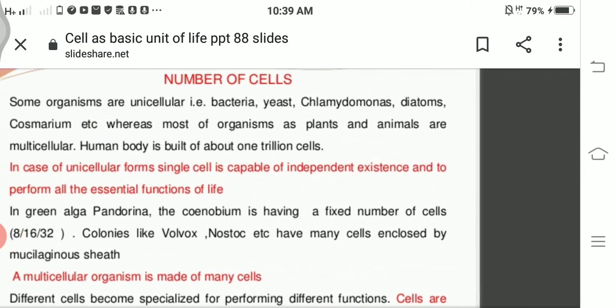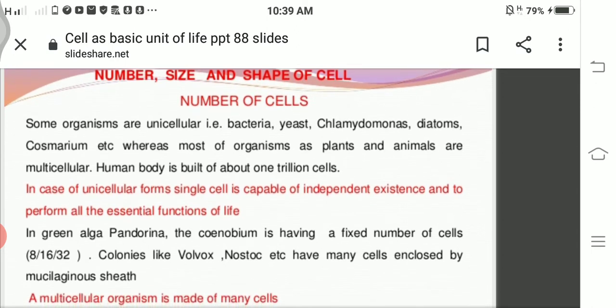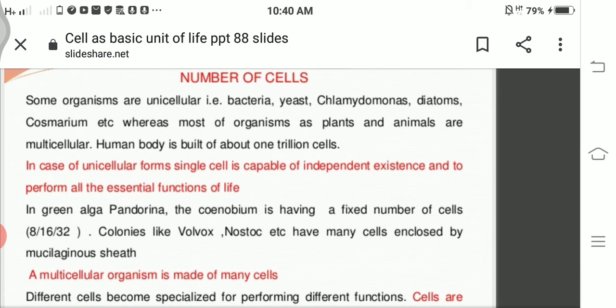So, what about the number of cells, size of cells, shape of the cell? Some organisms are single celled. That means there is only one cell, like bacteria, yeast, chlamydomonas, diatoms, cosmarium. They are the examples. But most organisms like plants, animals, human beings are multicellular organisms.